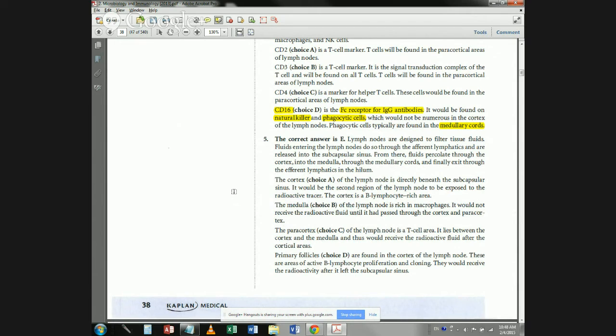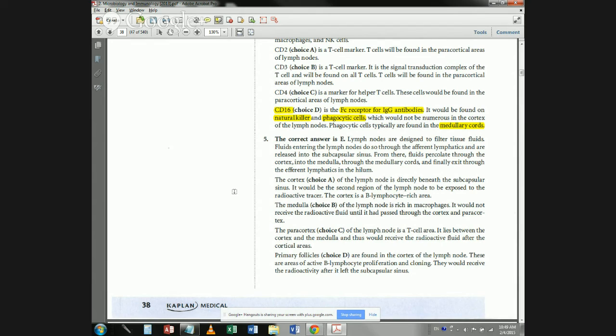Okay, I knew that. The cortex of the lymph node is directly beneath the subcapsular sinus. It would be the second region of the lymph node to be exposed to the radioactive tracer. The cortex is a B lymphocyte rich area. Okay. Capsular cortex, agreed.